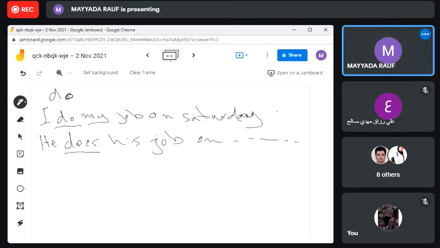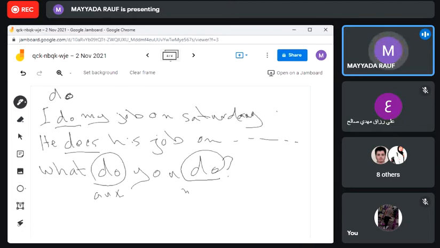Okay, so when I ask, for example, what do you do? Here again, the first do is an auxiliary verb, and the second do is the main verb that represents the action.